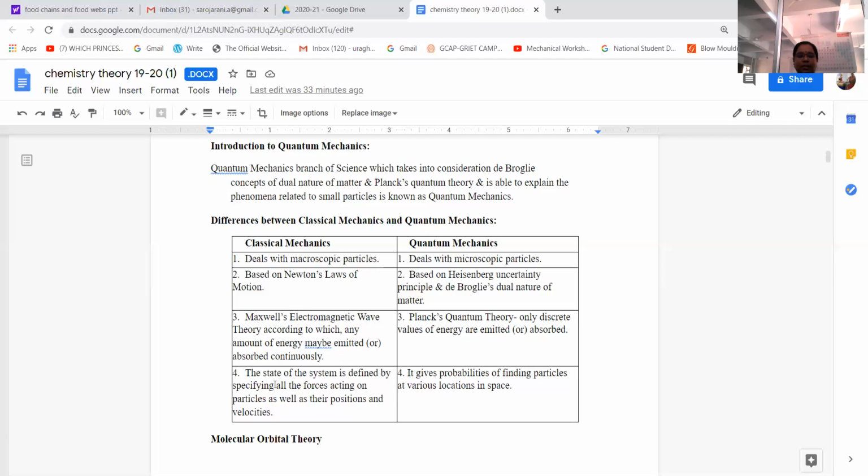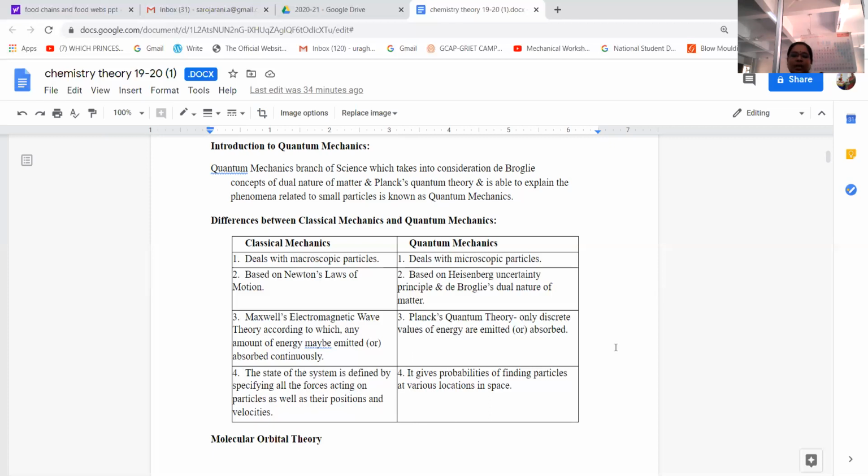The last one, in classical mechanics the state of the system is defined by specifying all the forces acting on the particles as well as their positions and velocities. Whereas quantum mechanics gives probabilities of finding particles at various locations in space.